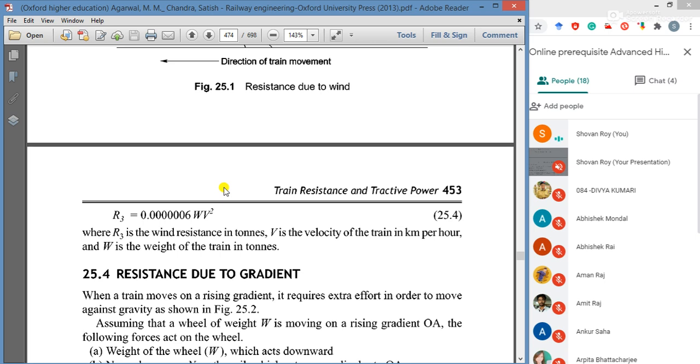So there is one formula, that is R3 equals 0.000006 W V square, where R3 is the wind resistance in tons, and V is the velocity of train in kilometer per hour.